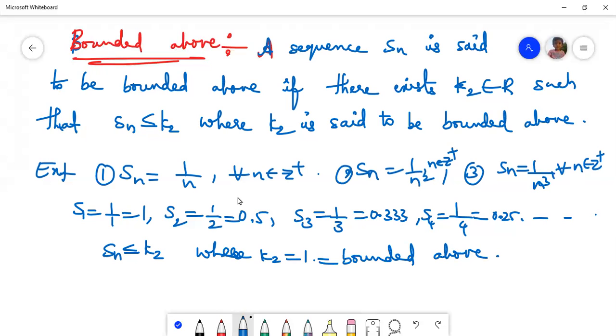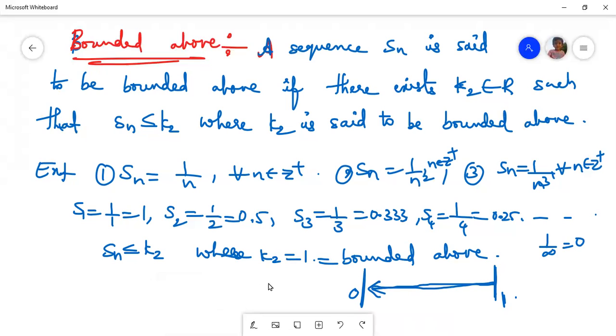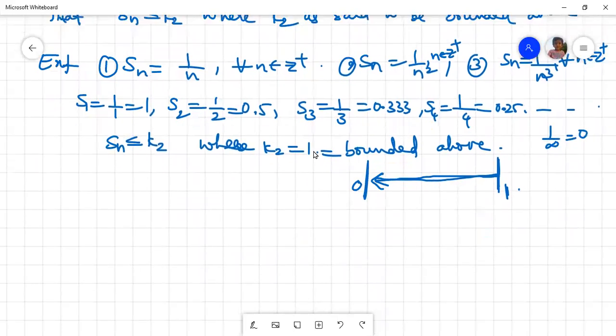Bounded above means the sequence has an upper bound. Here the values reach 0, because 1 by infinity goes to 0. So the lower bound is 0, but it is exactly bounded above by the value 1 when n belongs to Z plus.